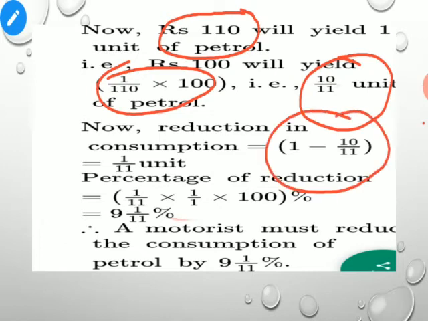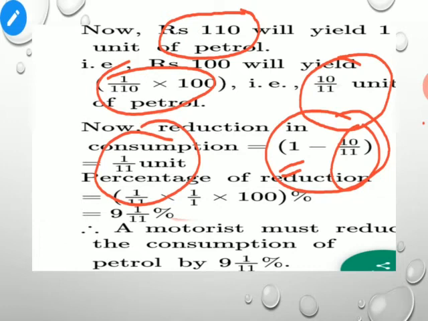So now how much reduction does he have to make in his consumption? That will be 1 minus 10 upon 11. Earlier he was consuming 1 unit of petrol, now he will consume less, so you calculate how much he has to reduce. 1 minus 10 upon 11 gives 1 upon 11 unit.